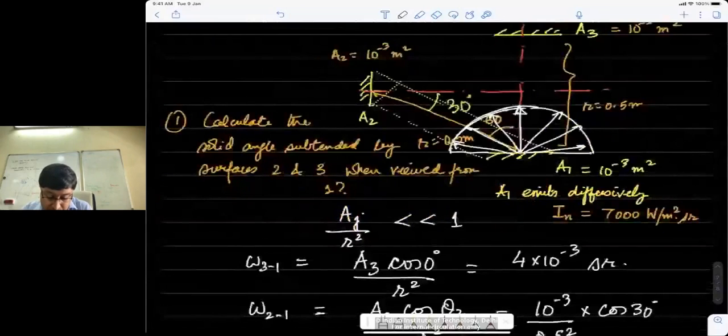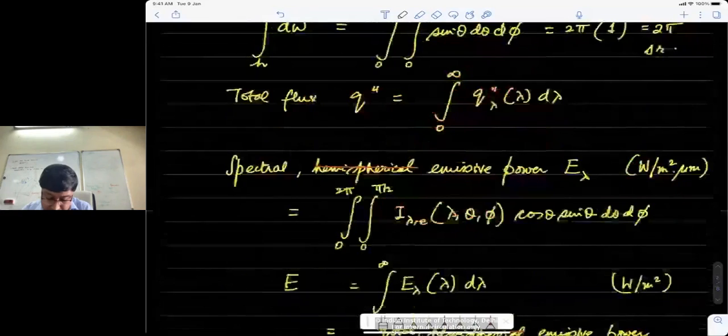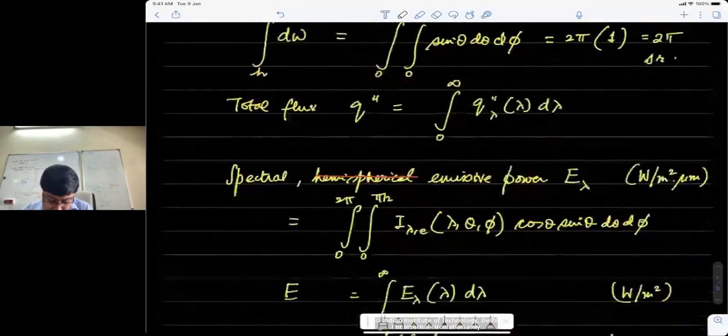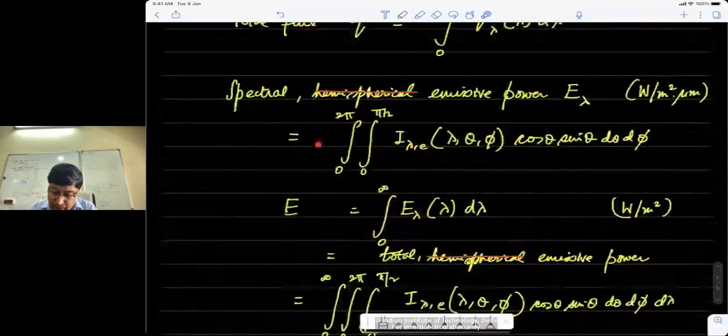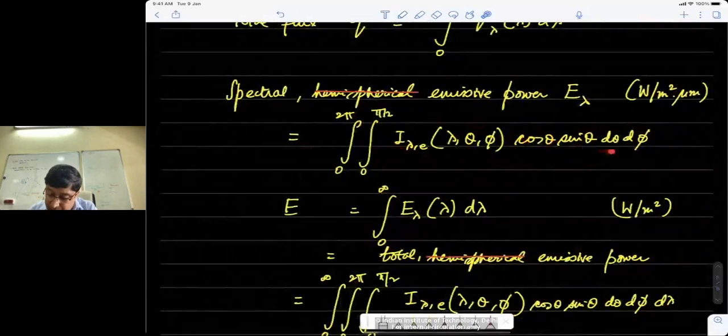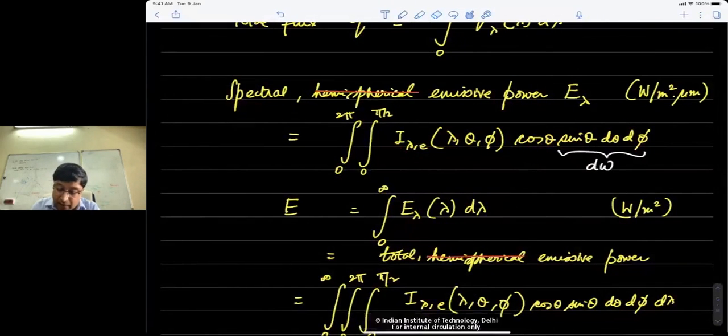There is a total flux, spectral. If you look at this integral, which is per unit area of 1 anyway, you see that it considers this cosine theta dependence in it with a d omega dependence. So this part, which I very conveniently wrote here, was actually d omega, and the cosine theta is not part of the solid angle.